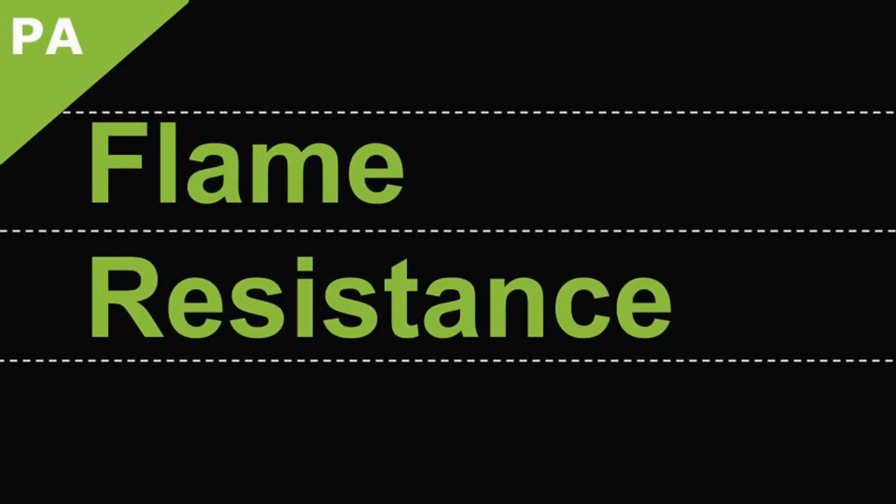Flame resistance. Flame resistance is the ability of a material, component, or assembly to withstand or protect from flames. These materials and assemblies are tested according to NFPA 701, standard methods of fire tests for flame-resistant textiles and films. These requirements are located in Chapter 7, Fire and Smoke Protection Features.